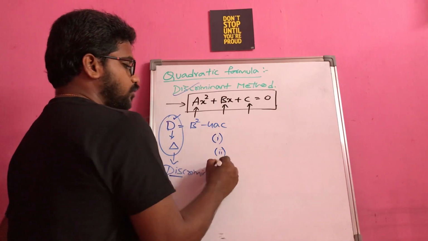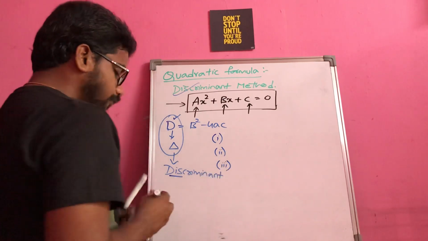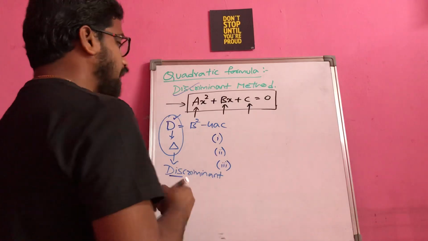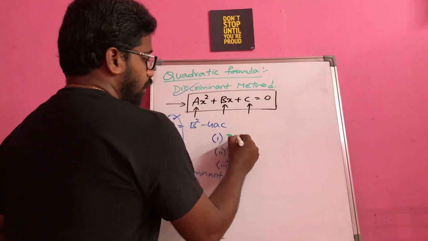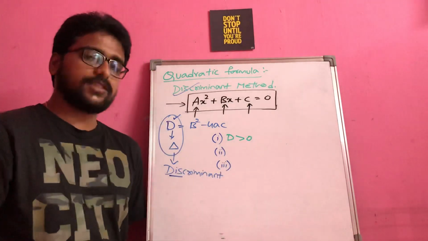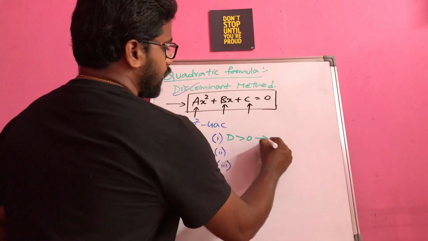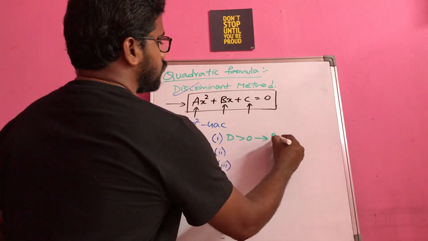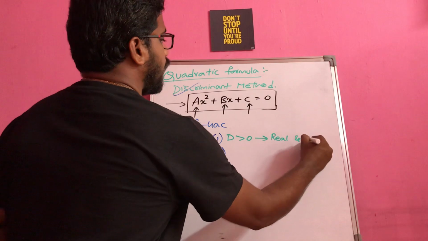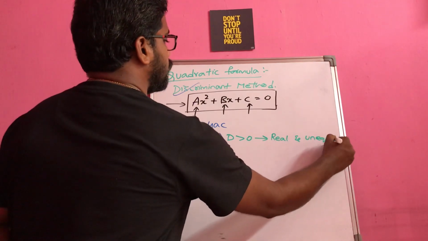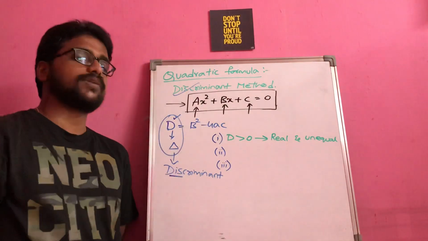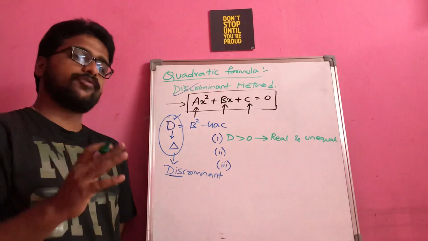Let us list out those three cases. First, if D is greater than 0, then the roots are real and unequal. That means you get distinct roots, something like 2, 3, or 4, 5.